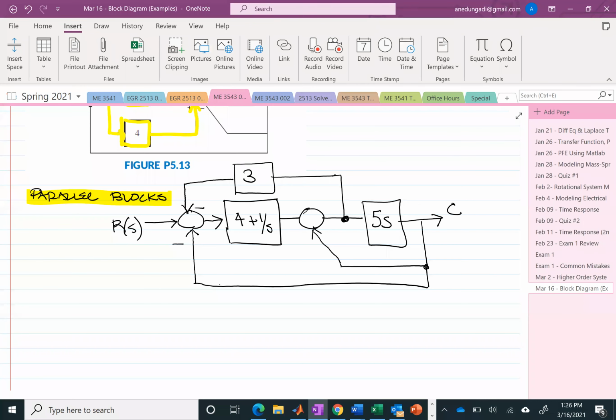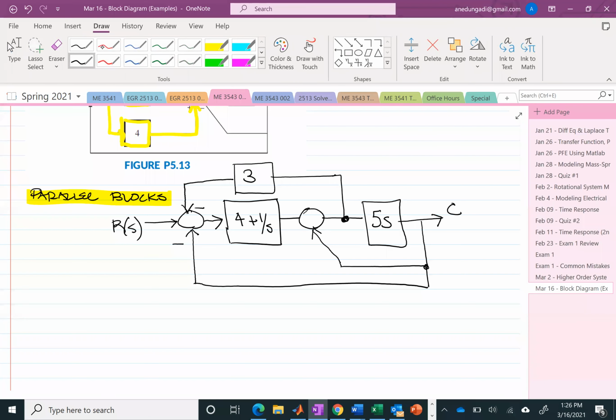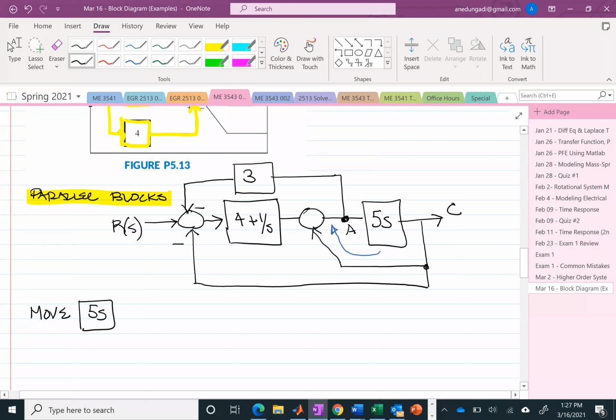Okay, good. So what I have to do is start moving a block right or left of summation blocks or pickoff points. The first thing I'm going to do is move this 5s to the left of that pickoff point A. In the exam, please tell me what it is that you're doing: move 5s left of A. That's the first step, and that's all I'm looking for.